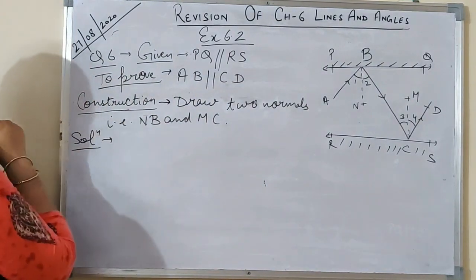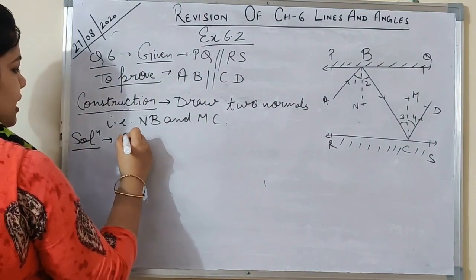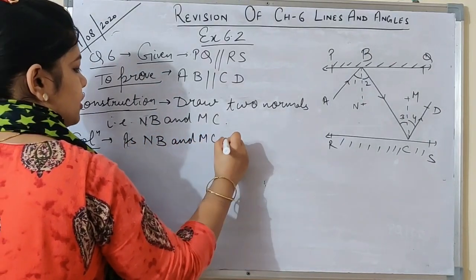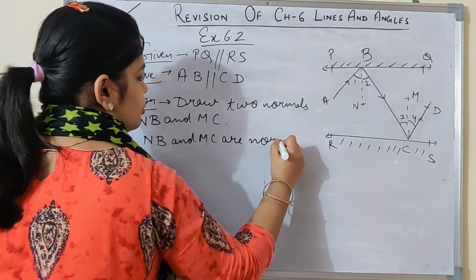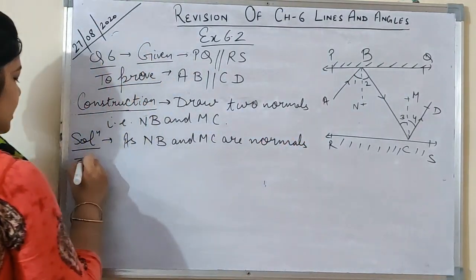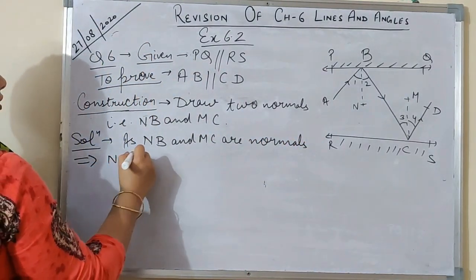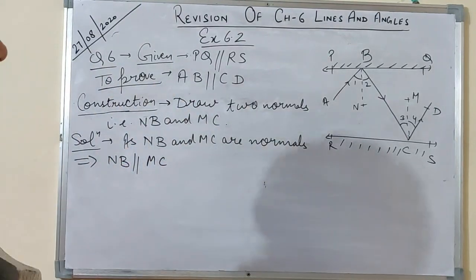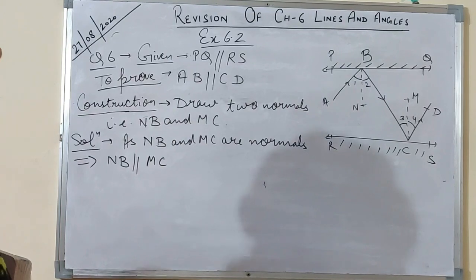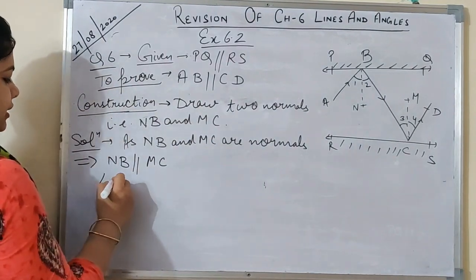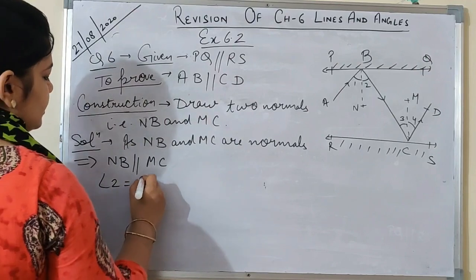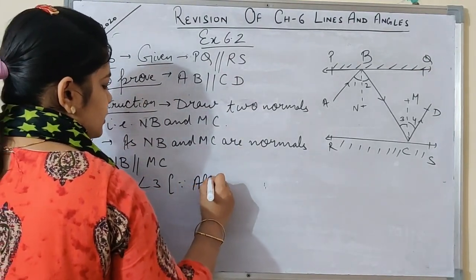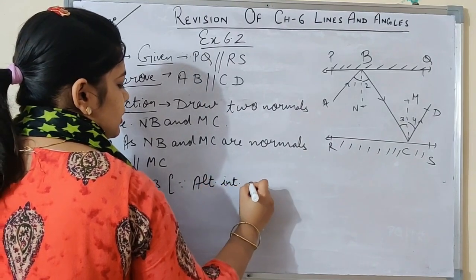So, as NB and MC are normals, NB is parallel to MC. Now, as NB is parallel to MC, we can write that angle 2 is equal to angle 3 because of alternate interior angles.